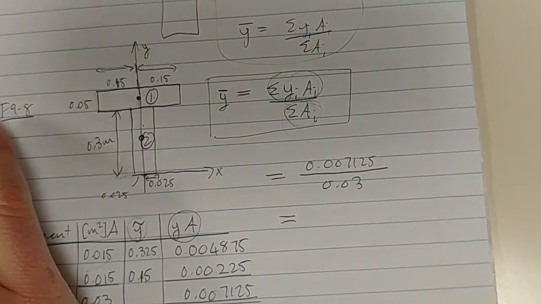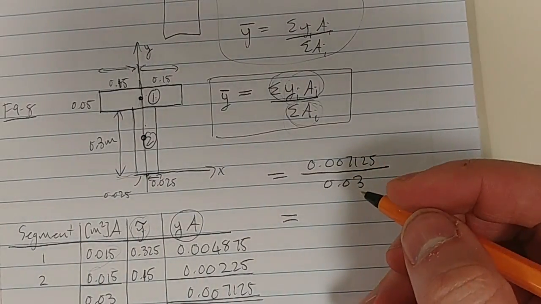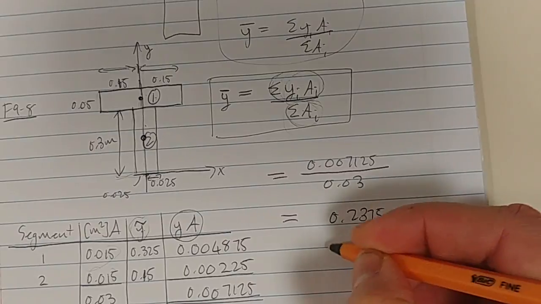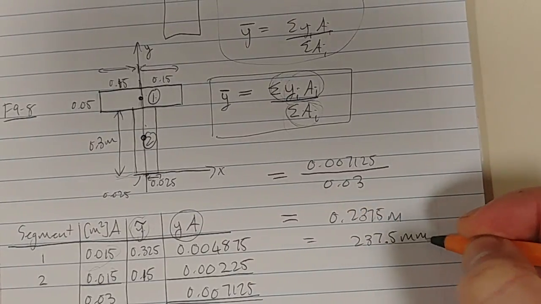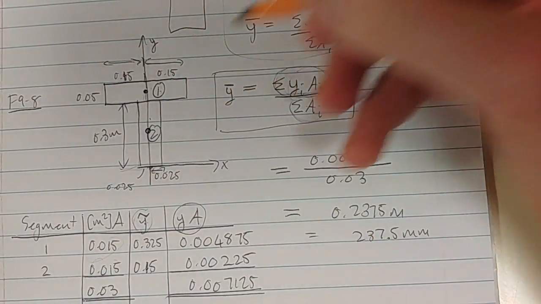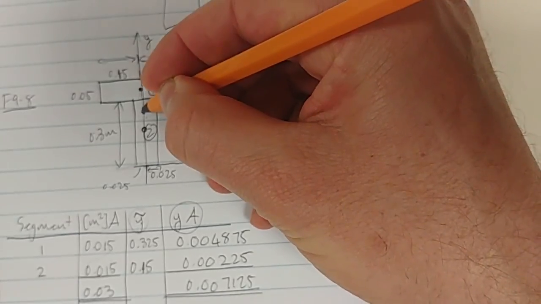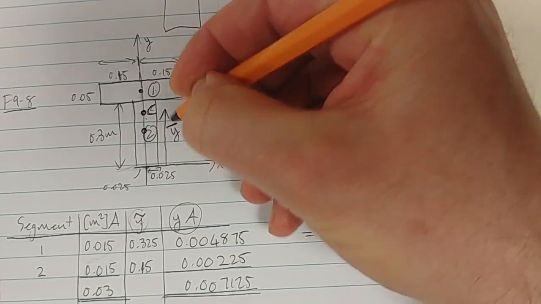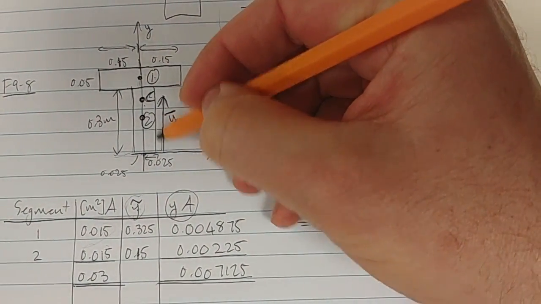And that should be our y bar. 0.007125 divided by 0.03 gives us 0.2375 meters, or 237.5 millimeters. Okay, so that is essentially where our C is. Our y bar is there. Our y bar is 237.5 millimeters.